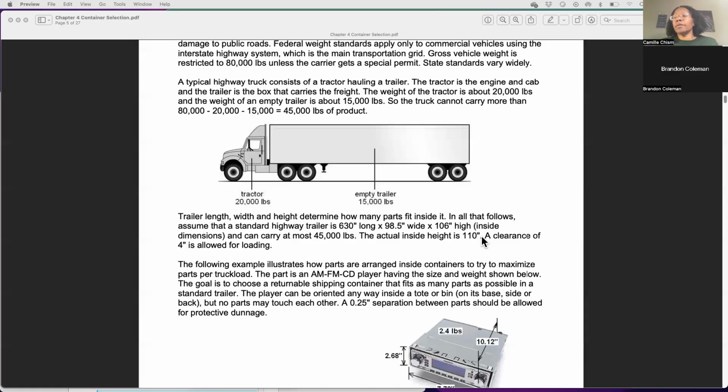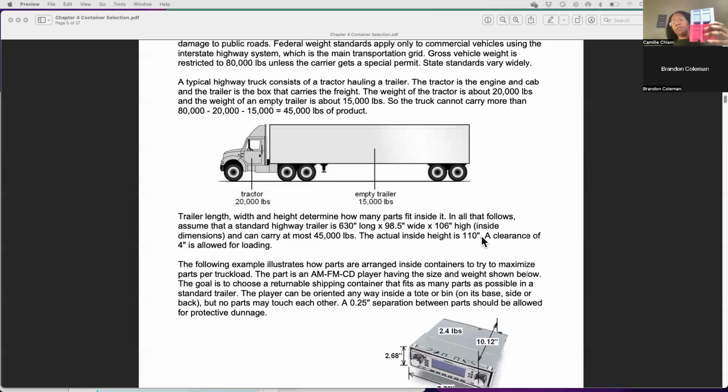When you look on that chart from chapter 1, however, most automotive companies, most packaging engineers, when they measure, they just say a rough 100, because that gives you room for clearance. That gives you room if there's a buckle on the height of the trailer or even damage on the door.